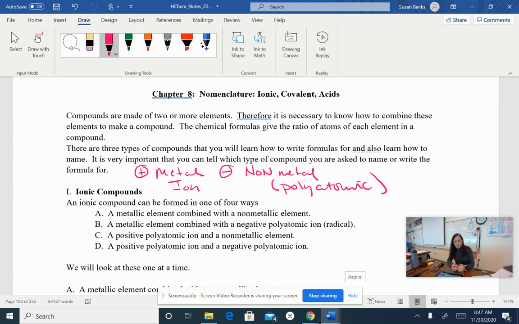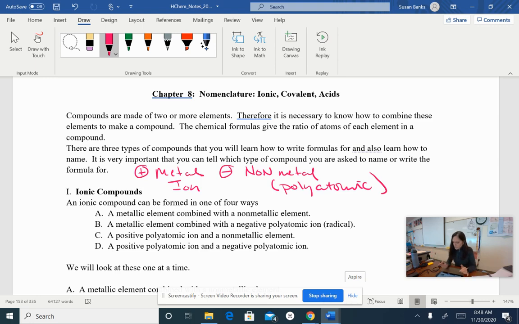There are four different types of ionic compounds. There's a metal to a nonmetal, that's A. We have a metallic combined to a polyatomic ion, that's B. We can have a positive polyatomic ion bound to a nonmetal element, and we can have a polyatomic positive and a polyatomic negative.